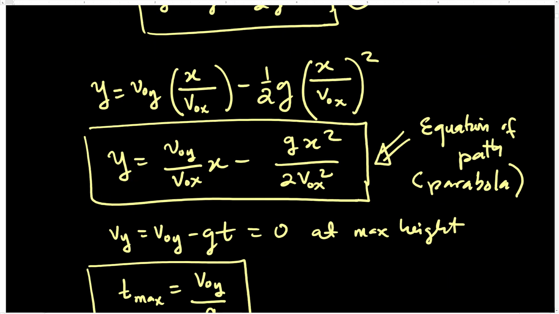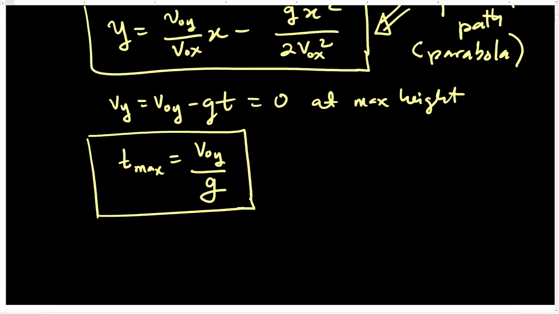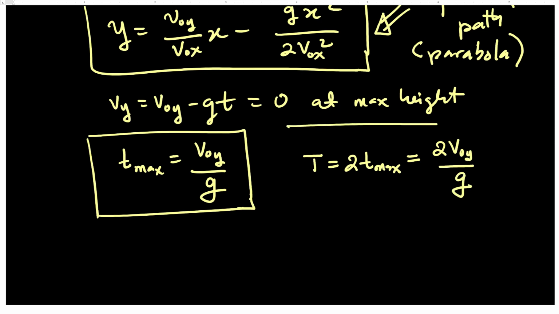If that is the case, it means that the total time of flight, T, is equal to 2 multiplied by the time to reach maximum height, which is just going to be equal to 2 Voy divided by g. This defines the total time of flight. Very important, it defines the total time of flight.